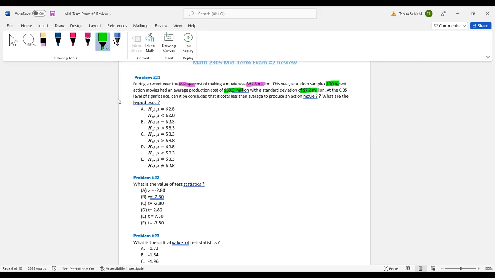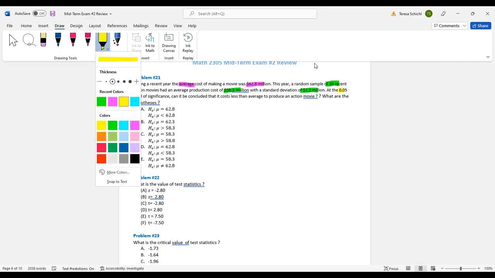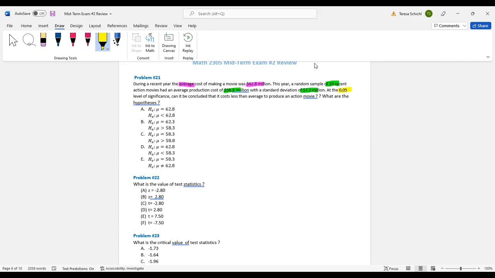And then, at the 0.05 level of significance, what can be concluded? Can it be concluded that the cost is less than the average of an action movie?